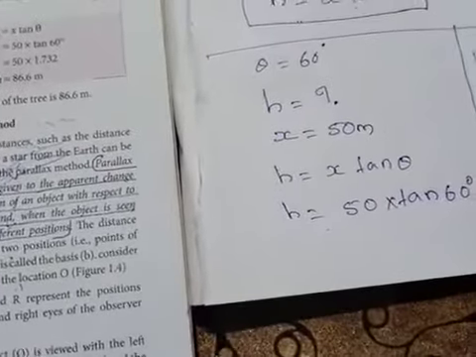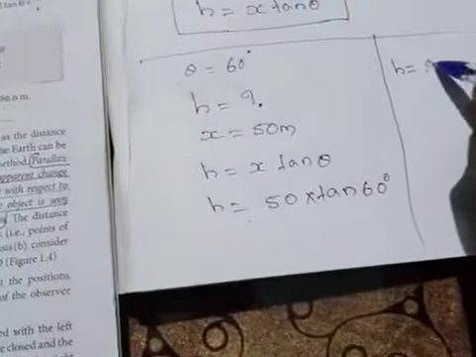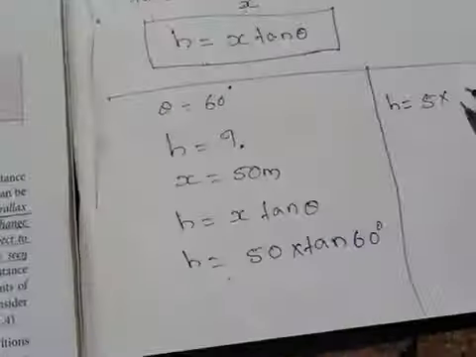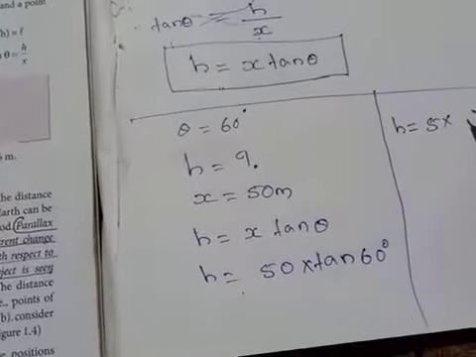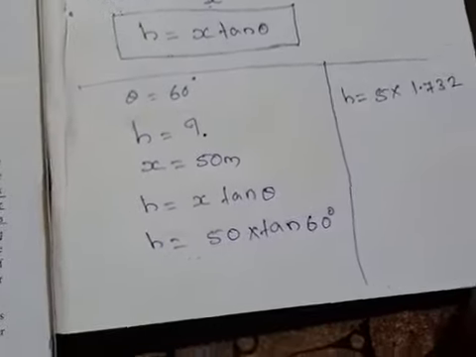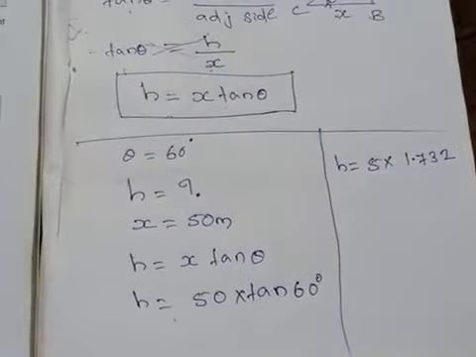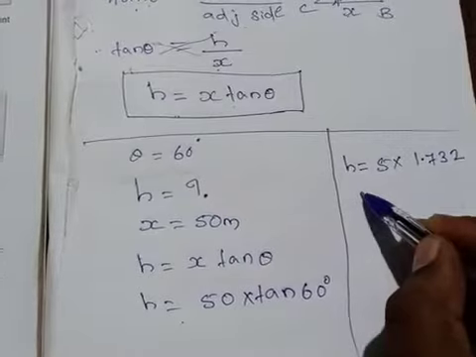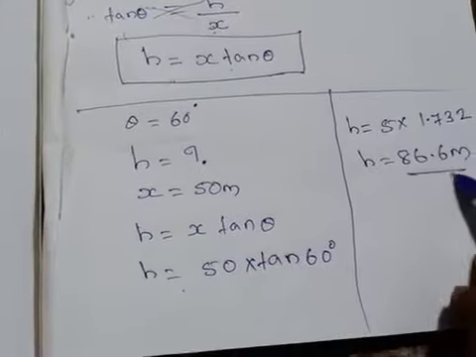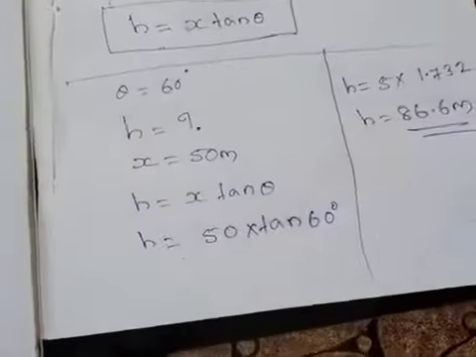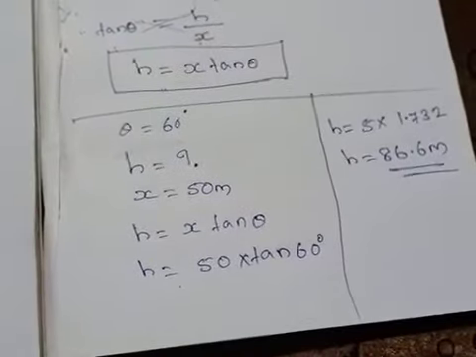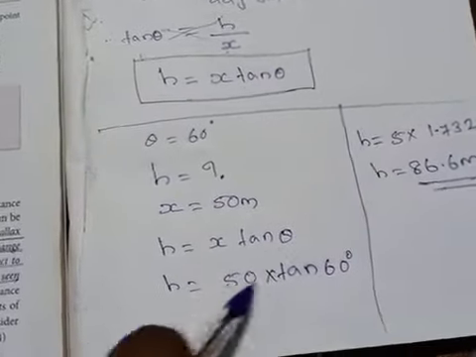So h is equal to 50 into, you can see the tan value behind the textbook, 1.732. If you multiply, you will get h is equal to 86.6 meter. So it is a very simple problem. It is an important 3-mark problem. You have to practice it today itself.